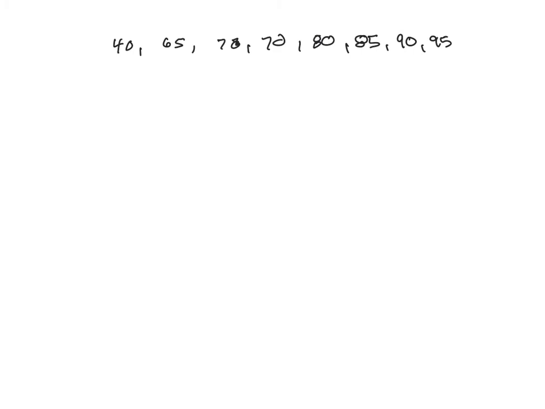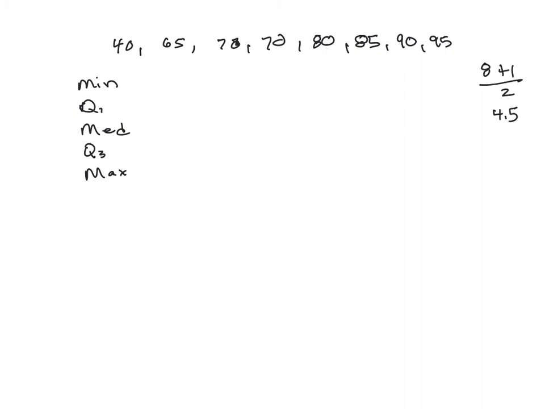So remember, I need my min, my Q1, my median, my Q3. Median's also called Q2 sometimes, and I also need my maximum value. All right, so I need to break this data in half. I have 8 pieces, so 8 plus 1 divided by 2 is 4.5.